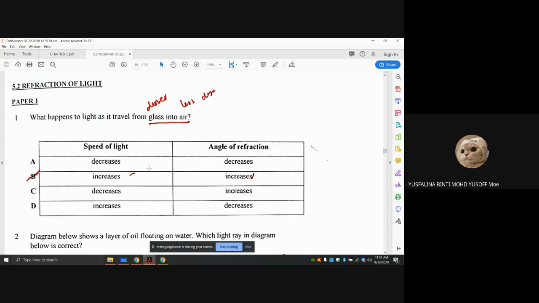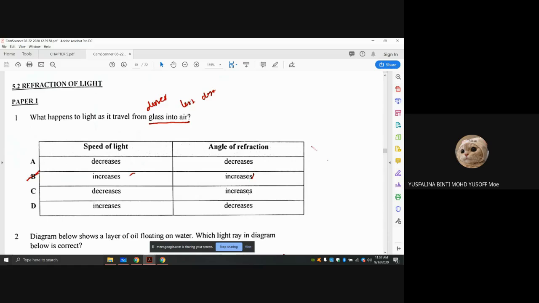The speed of light will be increased, and the angle of refraction will also be increased. From denser to less dense, it is refracted away from the normal. Away from the normal, I already told you the r will become bigger, so it increases. The answer is B.